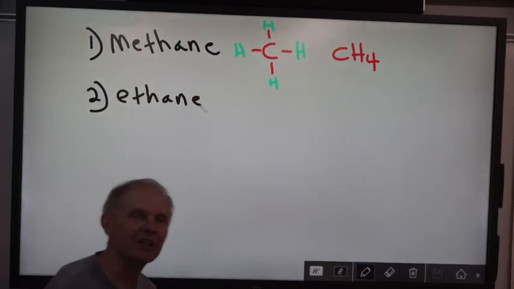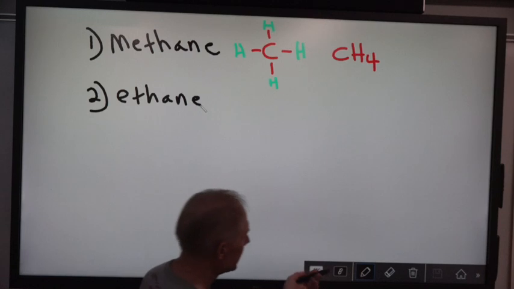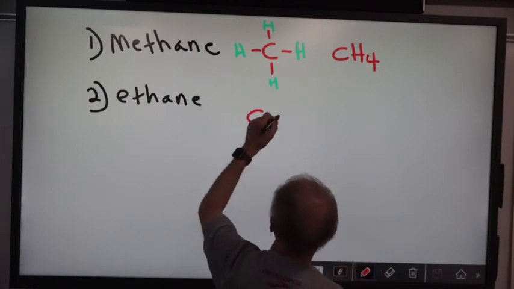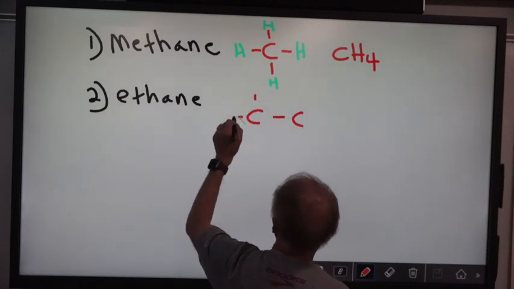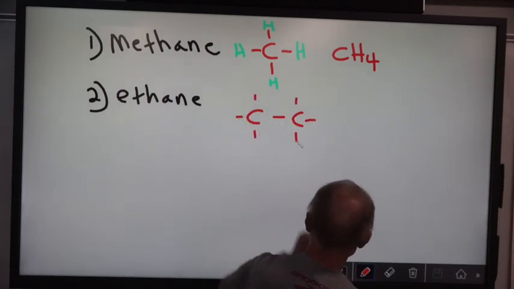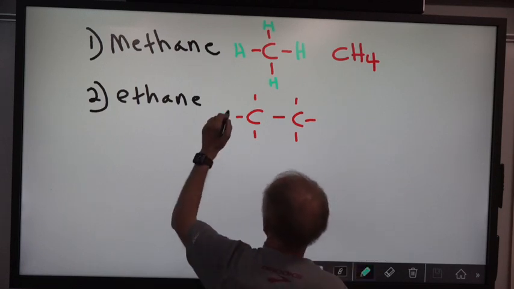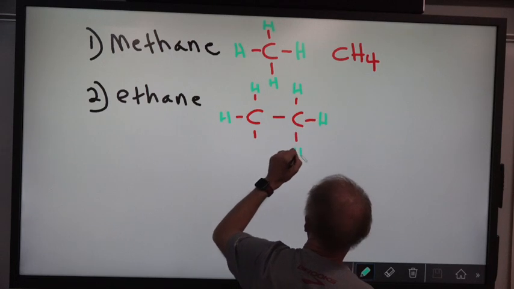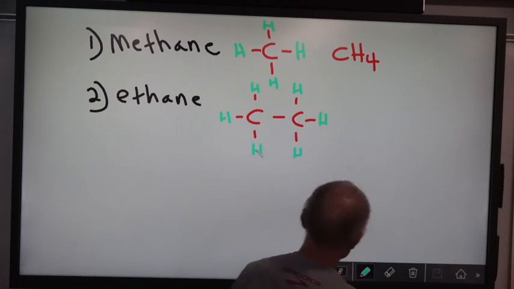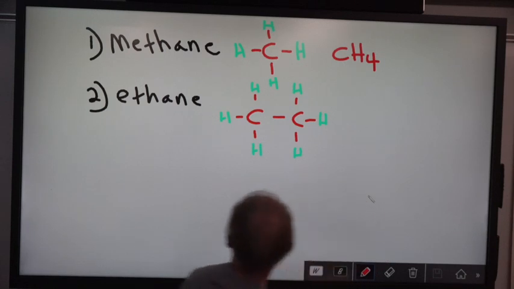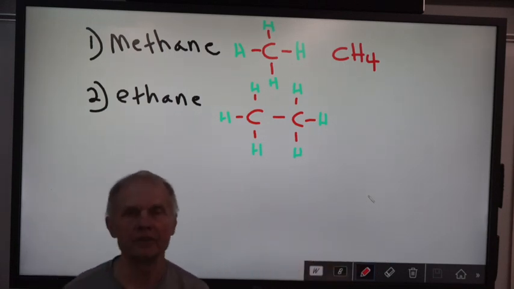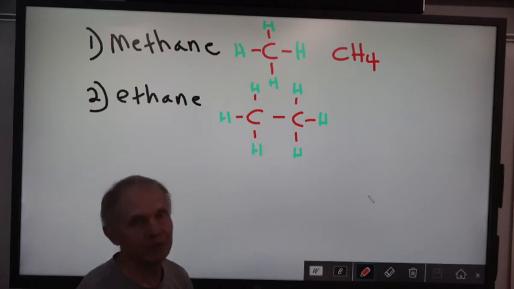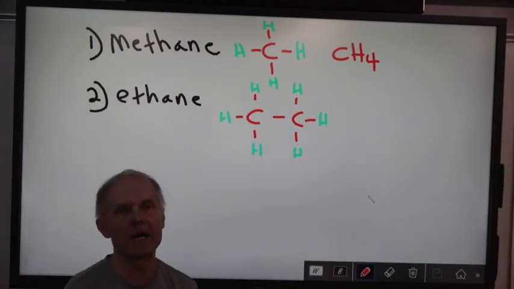Now, the next one. But since it's the alkane group, that's ethane. And here's what this looks like. Now, eth means two carbons. And remember, the alkanes are saturated. So all single bonds between the carbons and totally surrounded by hydrogens.